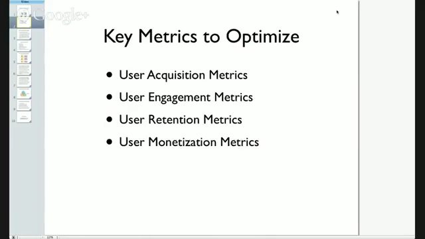So it's very critical that both the engineers and the marketers work together closely and understand how to optimize these metrics. At the end of the day, when you have good engagement and good retention, the monetization hopefully is also high. And what I'd like to do is just show you a couple graphics.